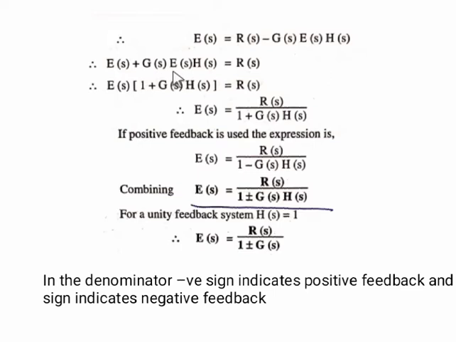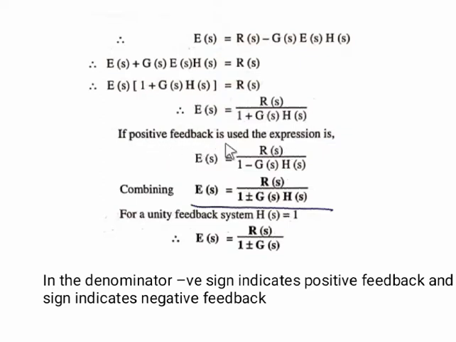So E(s) plus G(s) E(s) H(s) equals R(s). If we take E(s) common, then it becomes E(s) times 1 plus G(s) H(s) equals R(s). So therefore E(s) equals R(s) divided by 1 plus G(s) H(s).